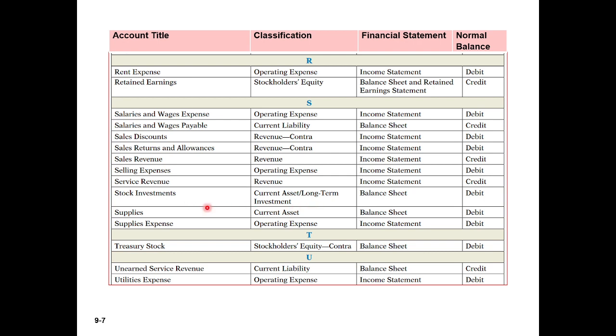Stock investment, current asset or long-term investment, balance sheet, normal debit balance. Supplies, current asset, balance sheet, normal debit balance. Supplies expense, operating expense, income statement, debit balance. T: treasury stock, equity contra, balance sheet item, debit balance. U: unearned service revenue, current liability, balance sheet item, normal credit balance, and utilities expense, operating expense, income statement, normal debit balance.